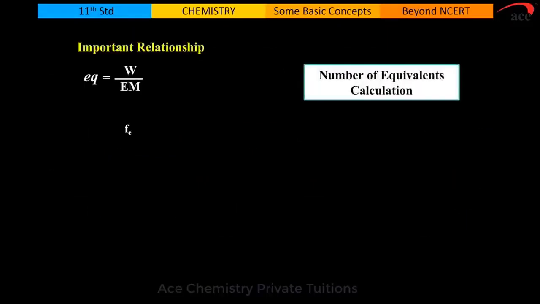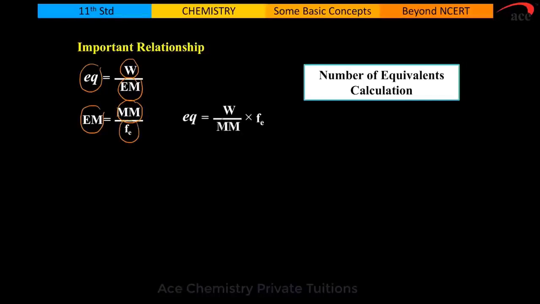Now, coming to more discussion. What we know is number of gram equivalents is mass upon equivalent mass. Equivalent mass is molar mass by factor, so if you put this value, what will happen?